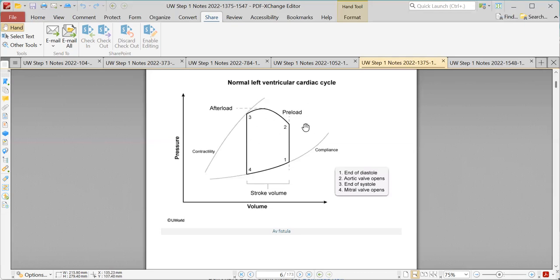So you will find an increase in the stroke volume and an increase in the preload also. It will be like a mountain here, and there is an increase in the end-diastolic volume. End-diastolic volume increases, but end-systolic volume decreases. Because of that, end-diastolic volume will be till here, and it will be like a mountain, and preload increases. Okay, so aortic regurgitation.